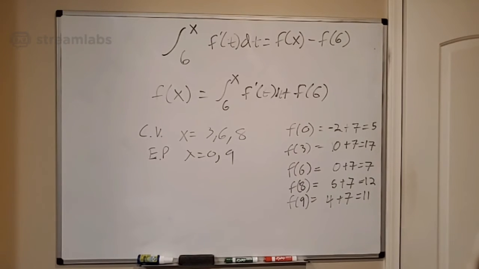But just to be on the safe side, you want to show at least one of those out with plugging into the function. So like maybe on the first one, I would have done the integral from 6 to 0 plus f of 6 equals negative 2 plus 7 equals 5. And then the rest of them you should be just fine doing. I don't think they would take off points if you have what I have up there because you're showing that you're adding the two values. But I can't guarantee. And then obviously tell them what the min and the max are.